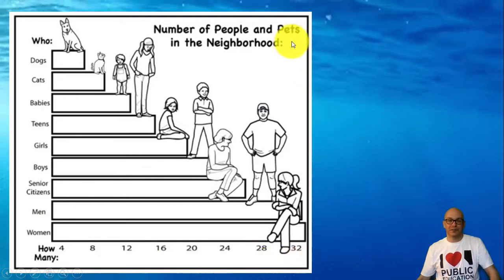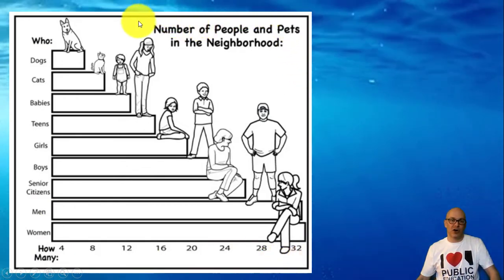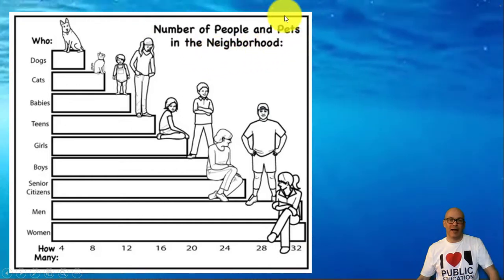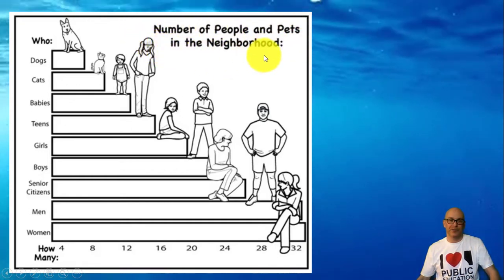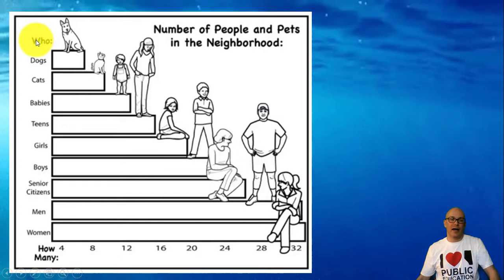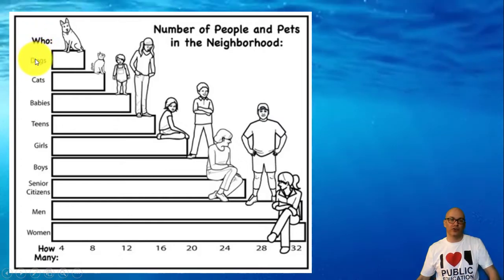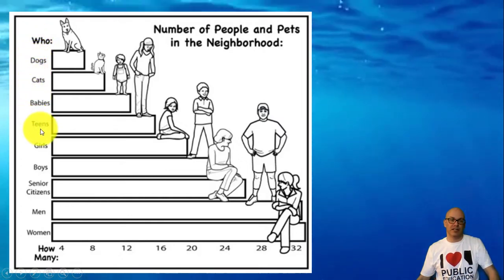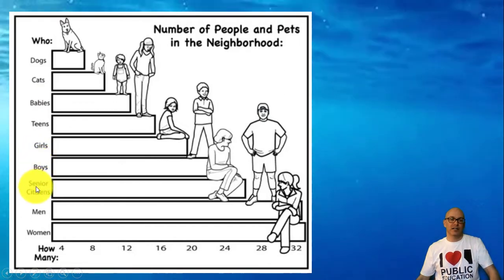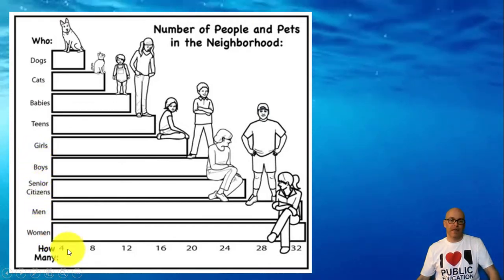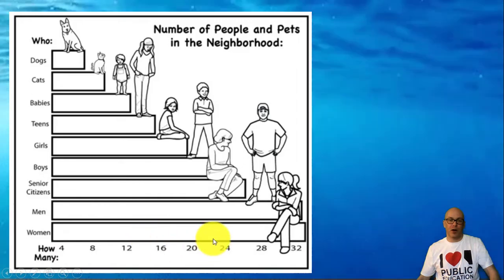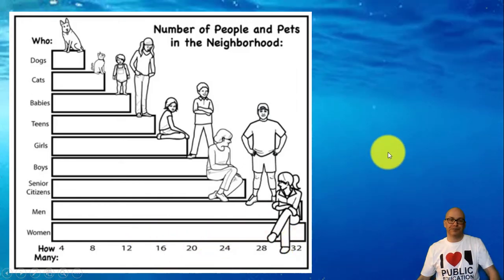The title of this chart is Number of People and Pets in the Neighborhood. Okay, so that y-axis lists all the who's. It could be dogs, cats, babies, teens, girls, boys, seniors, men and women. And then how many? All the way up to 32.